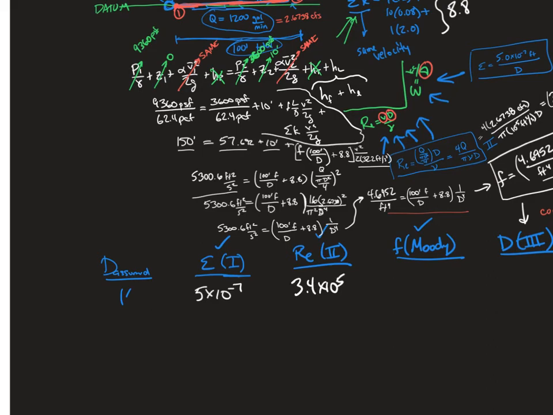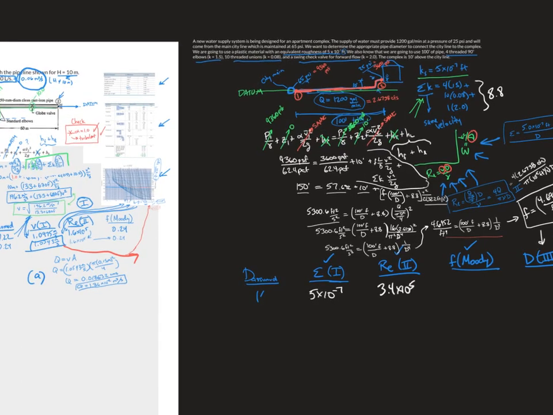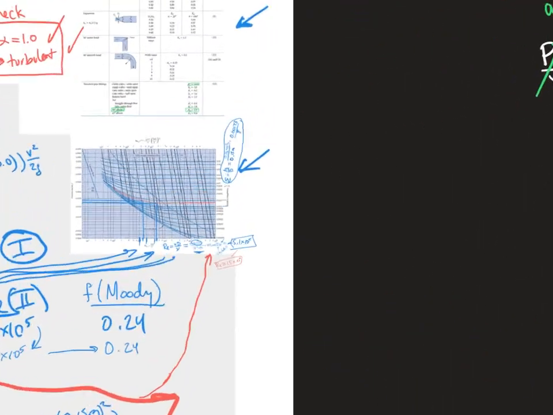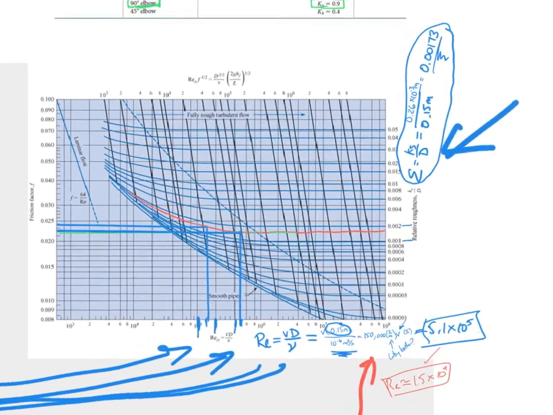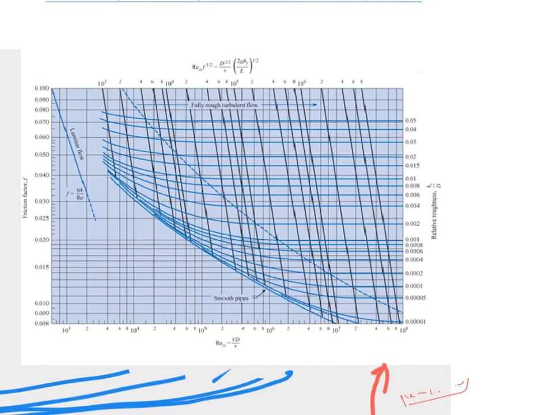Okay, so now we have to go to Moody. So I'll drag a Moody equation over here, or you know what? Let's just go look at this one over here. So zooming in, erasing all this junk. Looking here, we've got a value down here of 3.4 times 10 to the 5th.